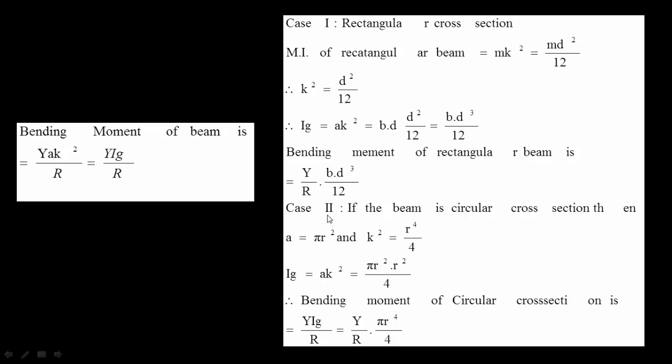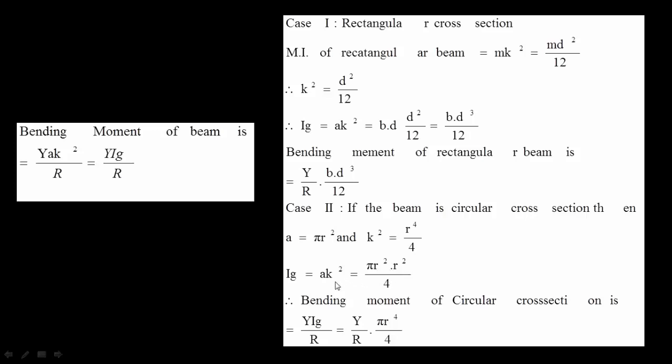Now let us consider the second case. If the beam has a circular cross-sectional area, then in this case the area of cross section is pi r square, where r is the radius of the circular beam, and k square is given by r square by 4. Therefore, the geometrical moment of inertia Iz is nothing but A k square, which is equal to pi r square into r square by 4.